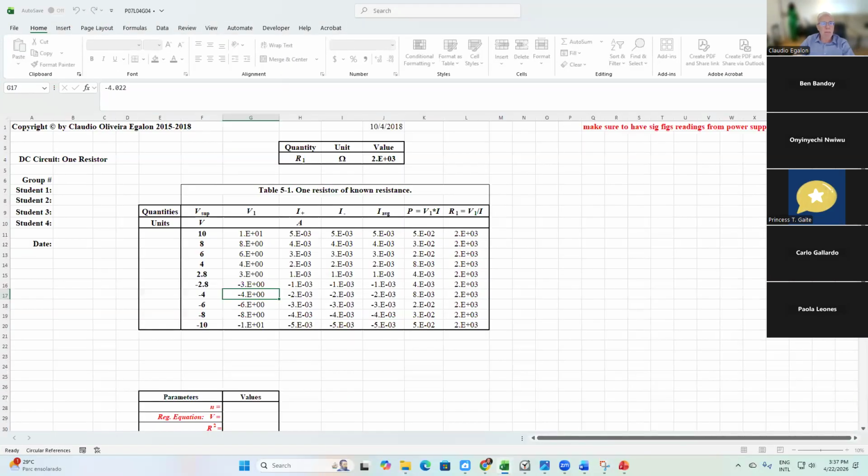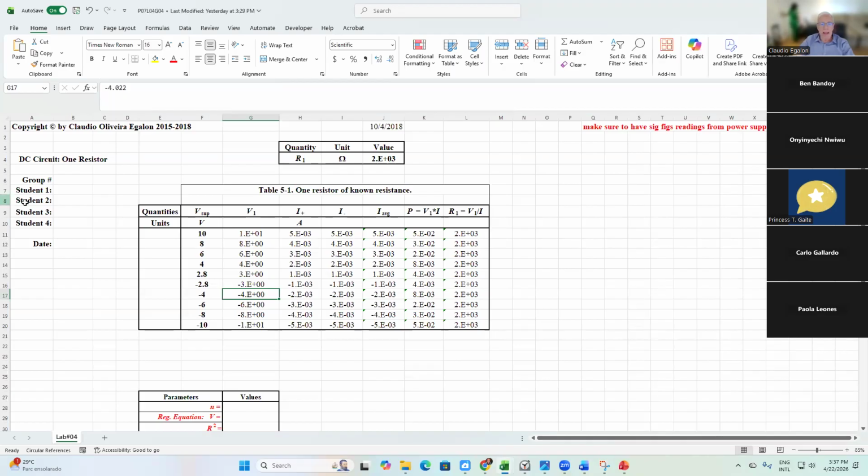Here you go. And here, what we're going to do in this lab, we have a table here. The first table, several tables, more than one table, okay? Make sure you put your group number, put the student names here, right?